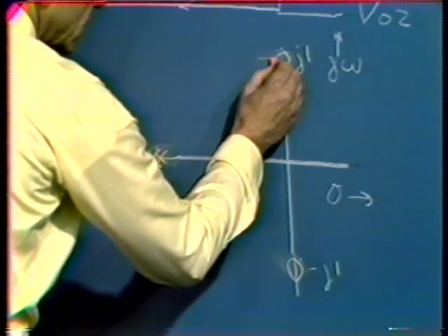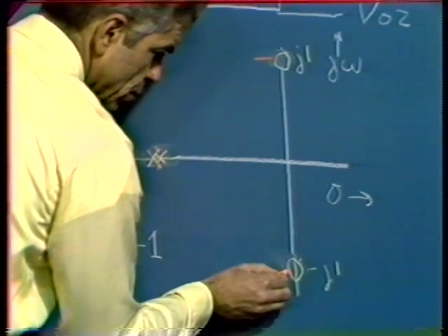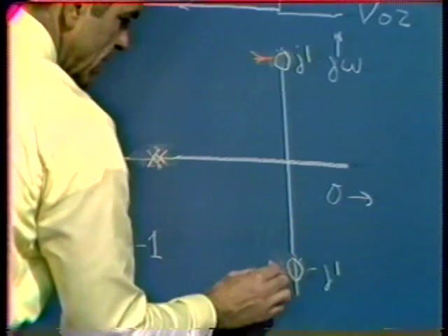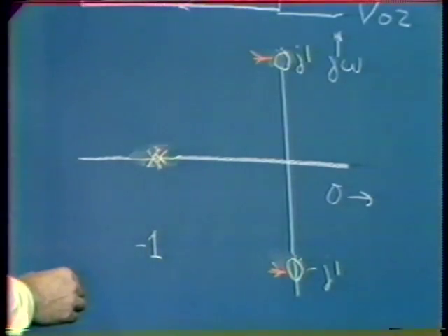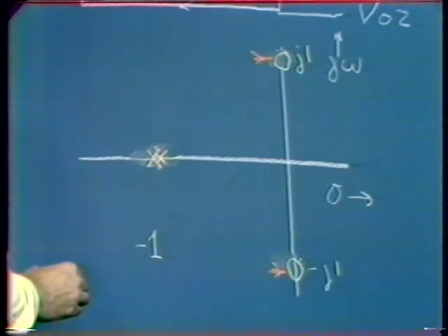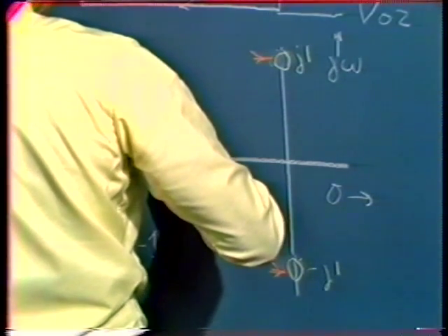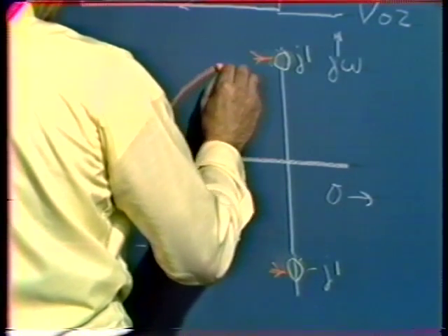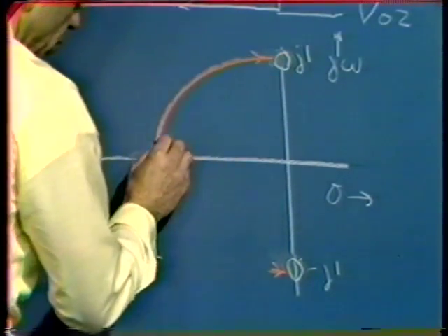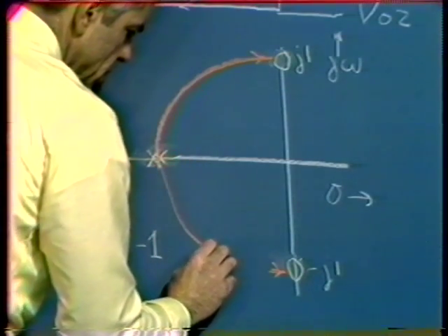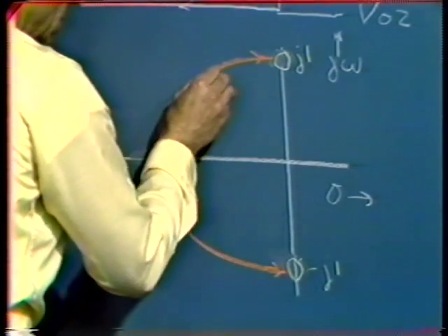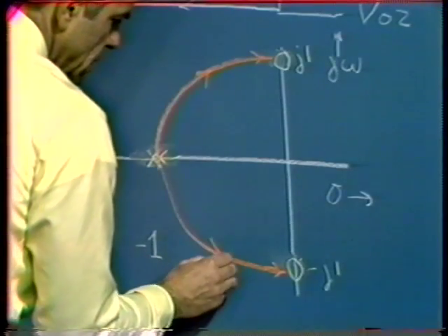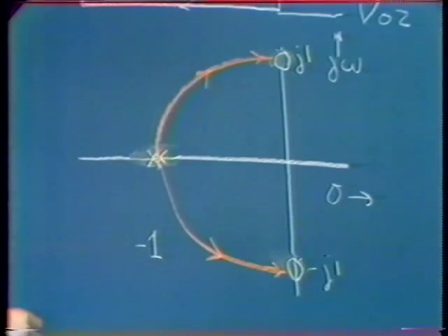We find out in that case that they reach the zeros like so, the branches terminate in this way. And again, if we keep track of the geometry involved, we find out that the remaining part of the diagram has to be a circle or a semicircle. And so we get a root locus diagram that looks like so for increasing values of A0.